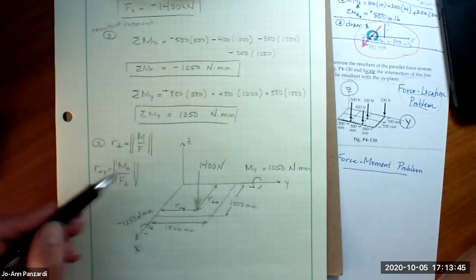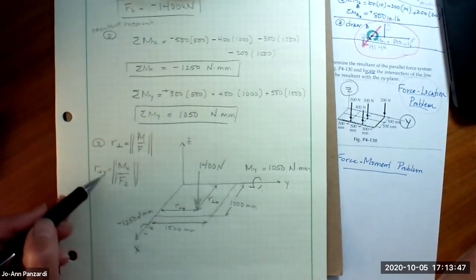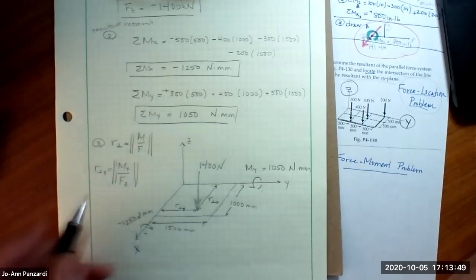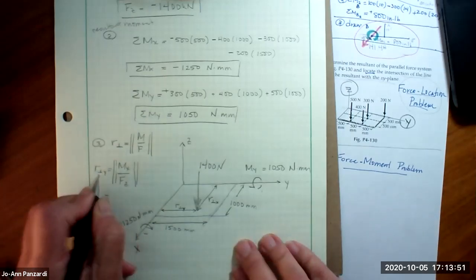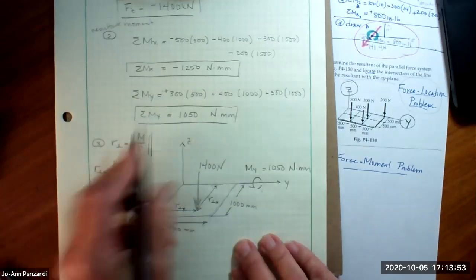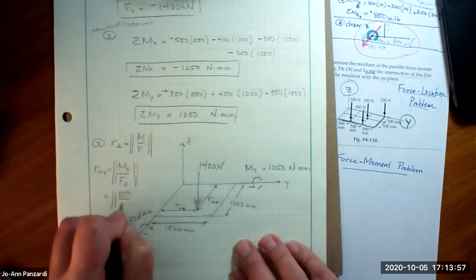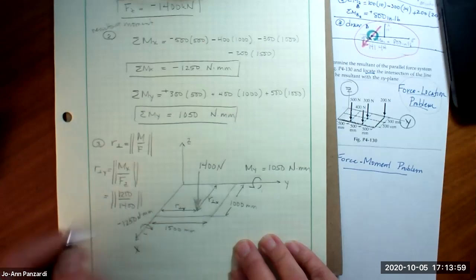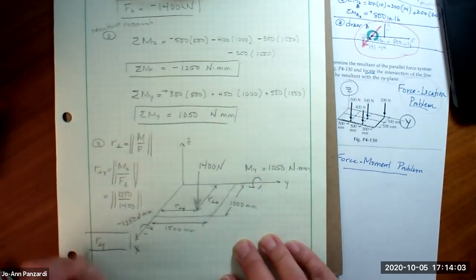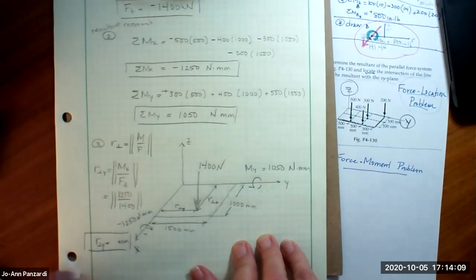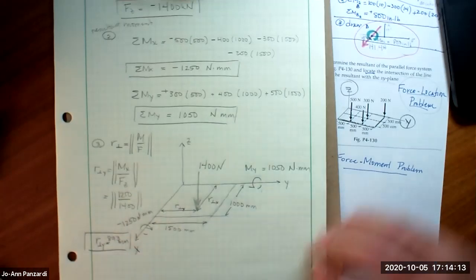Because the only vector that's perpendicular to both y and z is x. So the perpendicular distance in the y is going to be moment about x, which is 1250, over the force, which is 1400. And the perpendicular distance in the y turns out to be 893 millimeters. So this right here is 893.